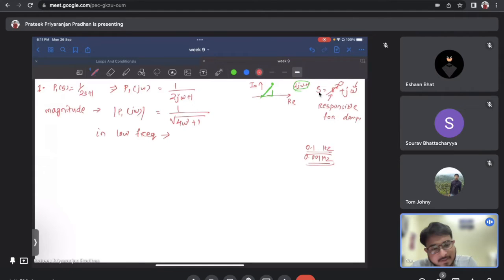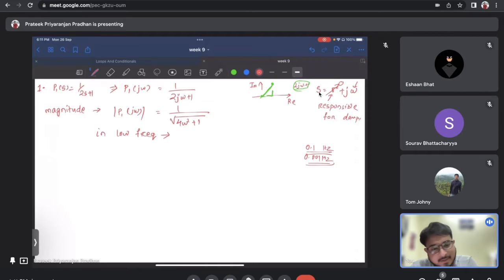So we divide the Bode plot into two parts: the low frequency range and the high frequency range. This part is called the low frequency range because the frequency is very less, and these are the high frequency range. In the low frequency range, what is the square of 0.001?